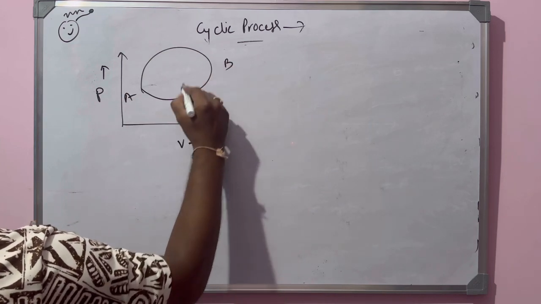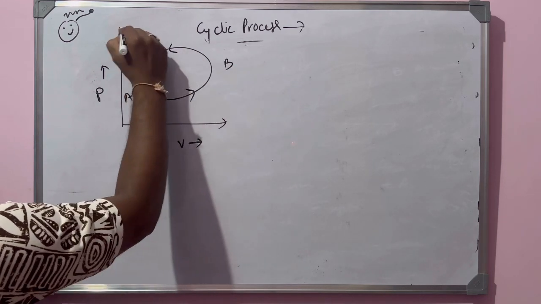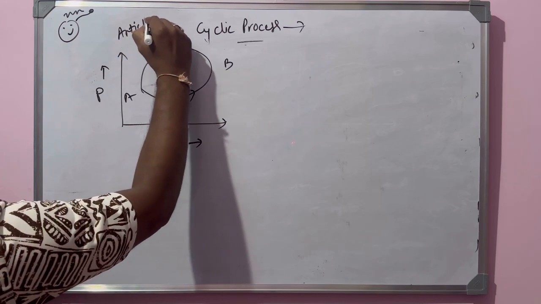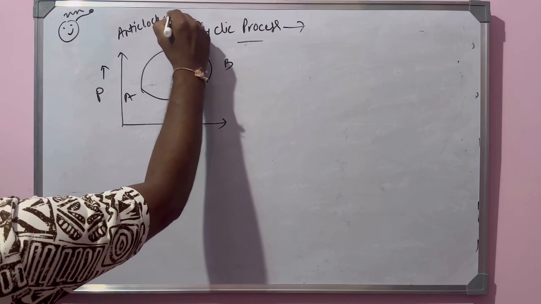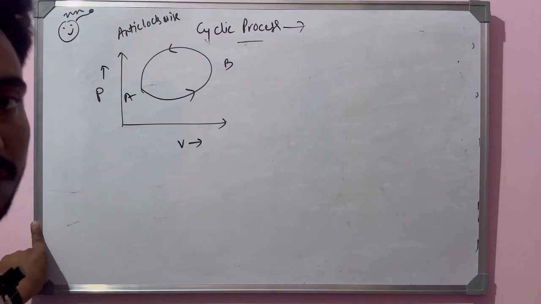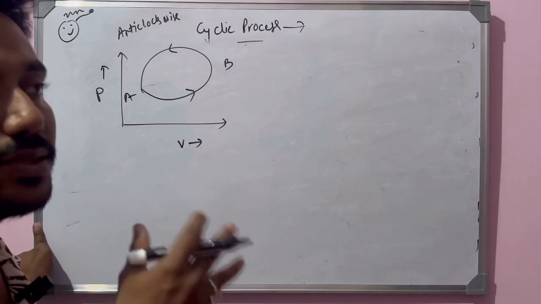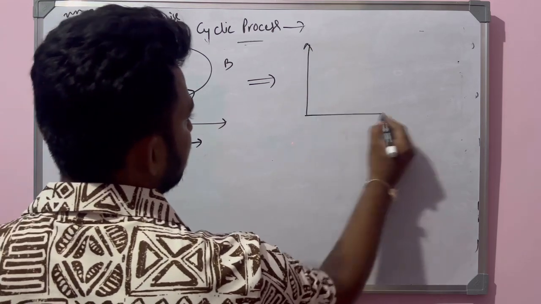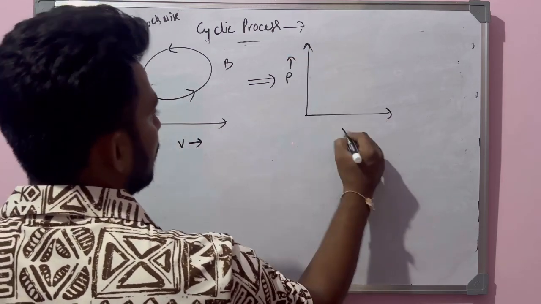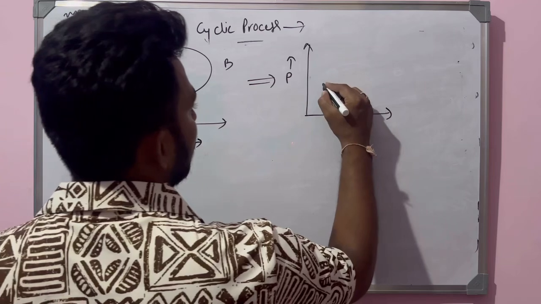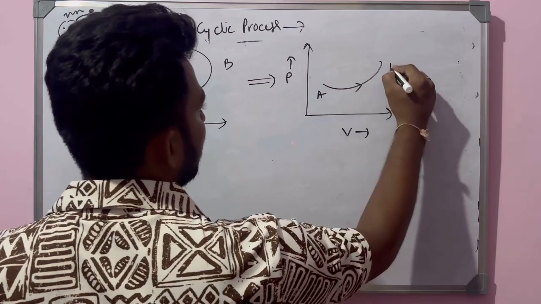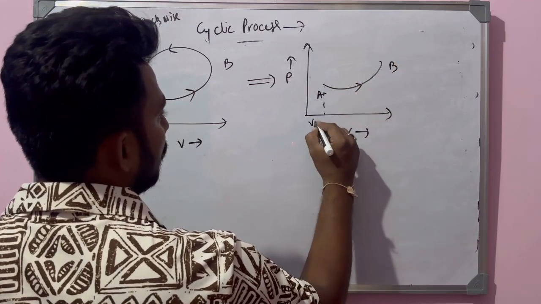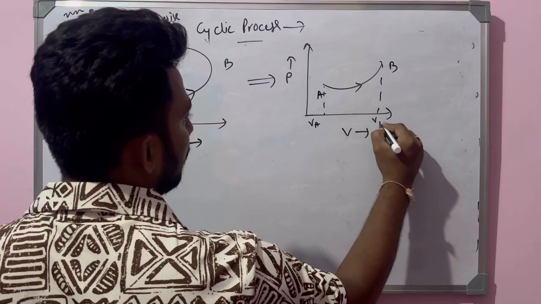A to B, then B to A. Now it's anti-clockwise. Again you can break this graph into two parts, same as clockwise to understand. इसको break करो in two parts. Pressure versus volume. I'm going from A to B. First A to B देखो, see from A to B. Corresponding to this volume VA, corresponding to this volume VB.